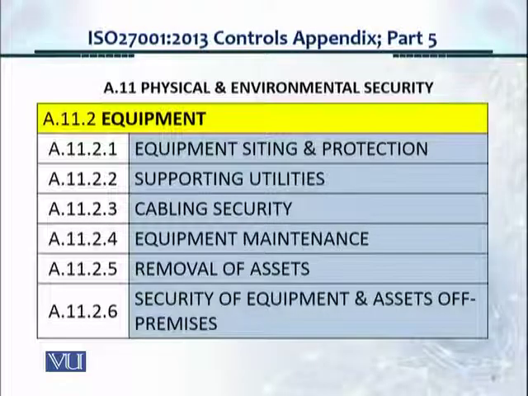Now, physical and environmental security is the group control that we're referring to here, and the second control objective is equipment. We have equipment siting and protection, supporting utilities, cabling security, equipment maintenance, removal of assets, and security of equipment and assets off premises.